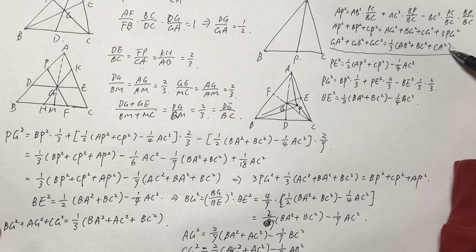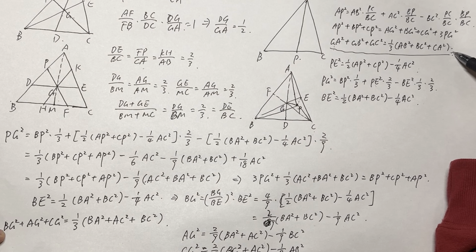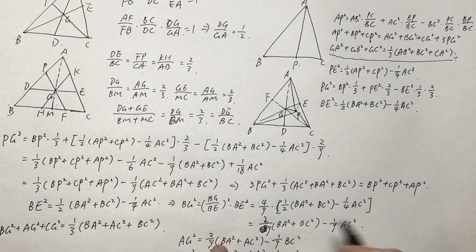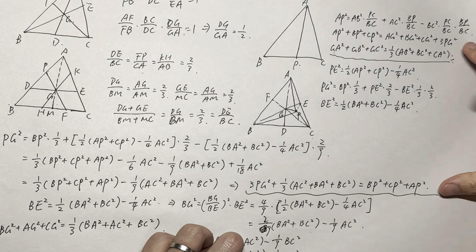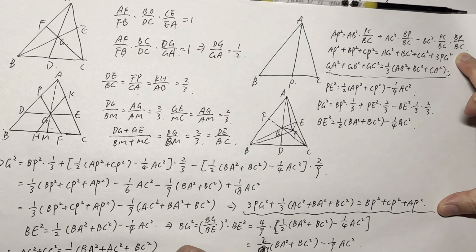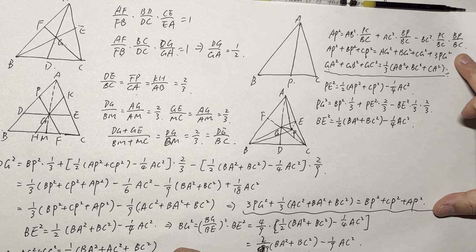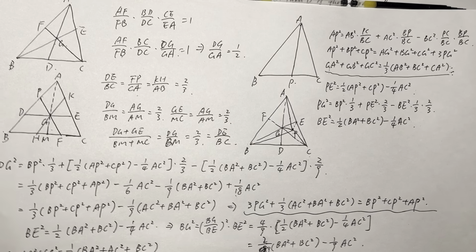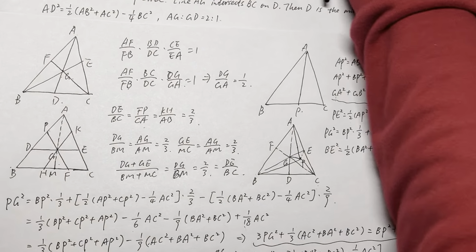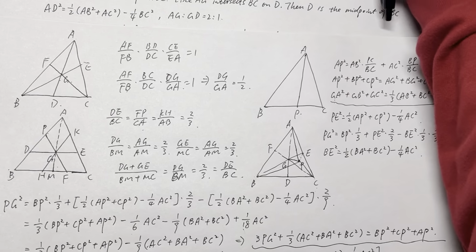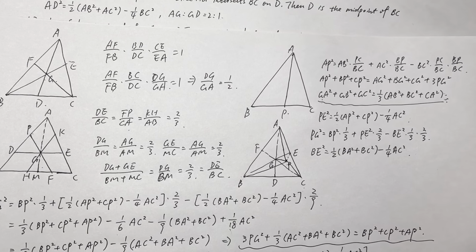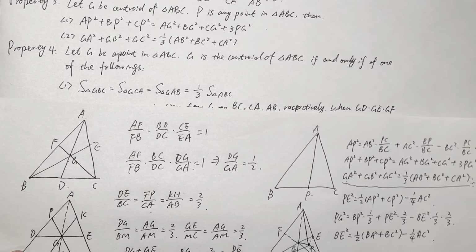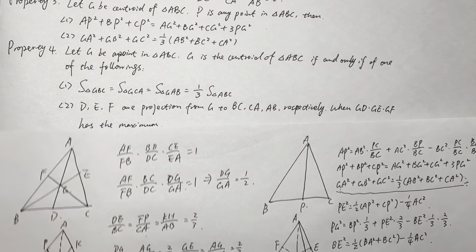And once this equation is valid, then we directly get these two to be equal, right? So this is valid and this is valid. We just proved that. Okay, property 3 is done.